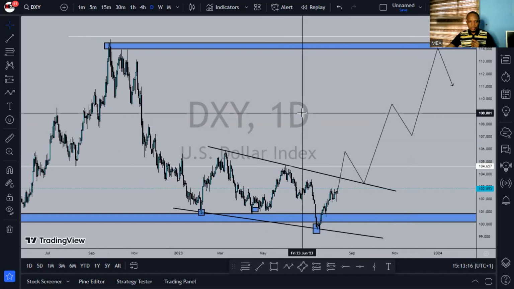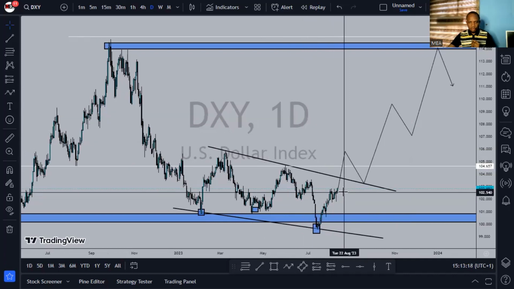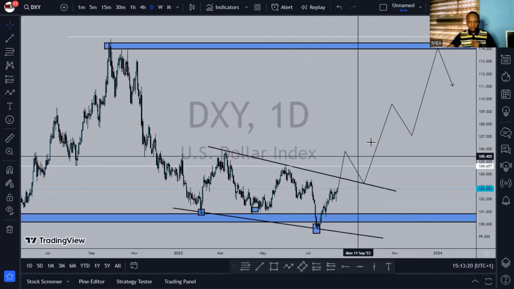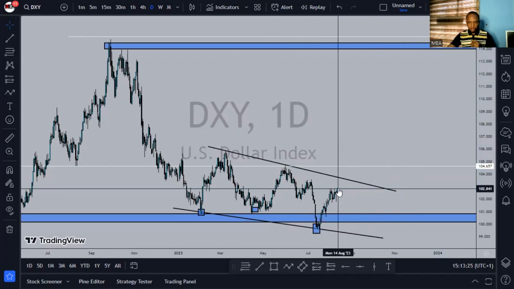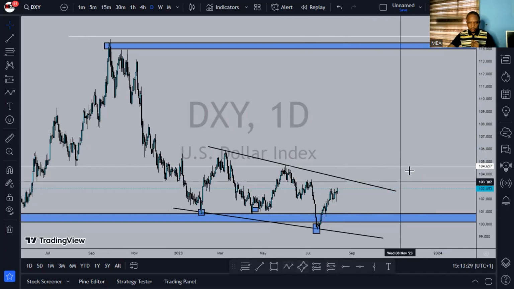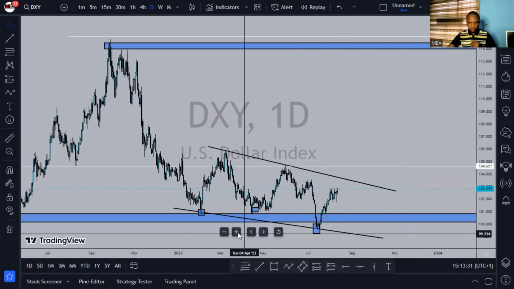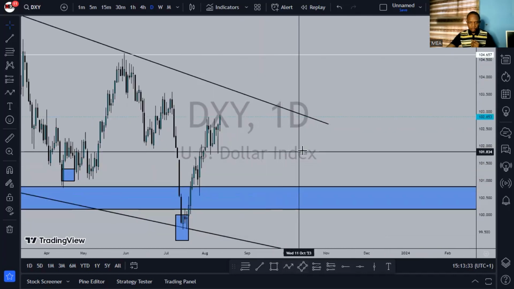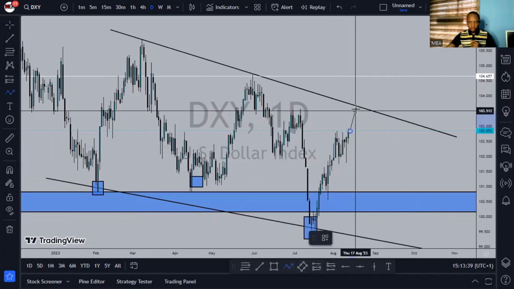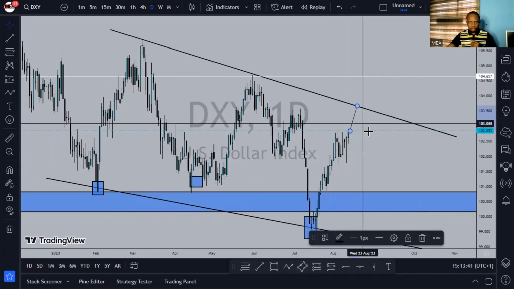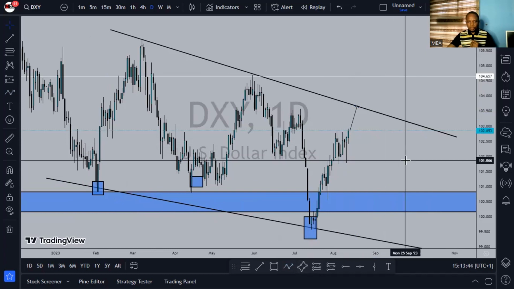So that's my forecast. For this week, what should we be looking out to do? To sell Euro USD. In this market we still need to come here. We still want to get to this point before taking a decision.